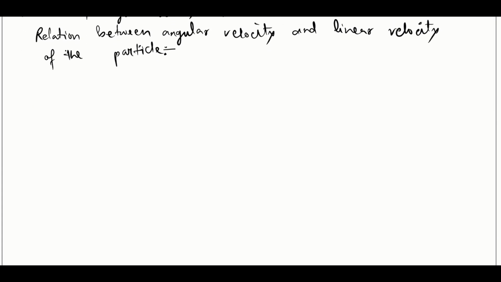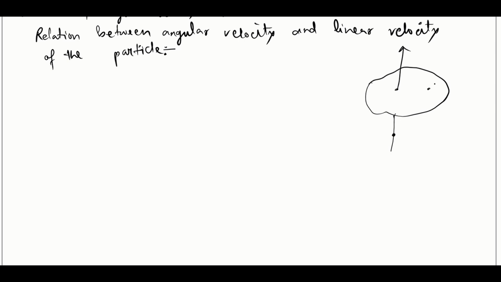So, the relation between angular velocity and linear velocity of the particle. Let us assume that the same object is rotating about an axis, and this is the origin of the coordinates.